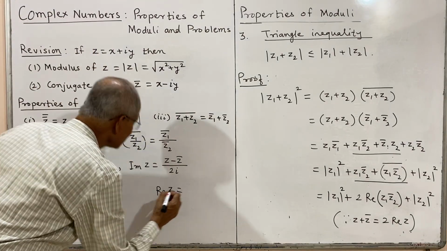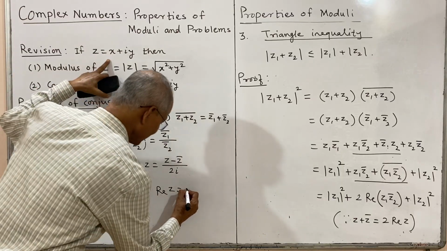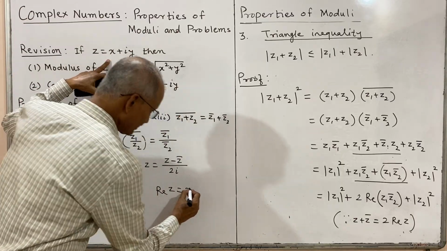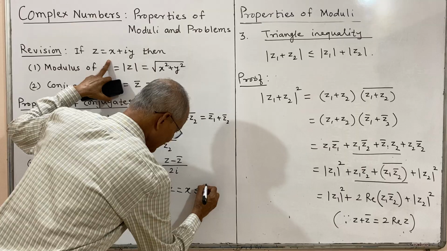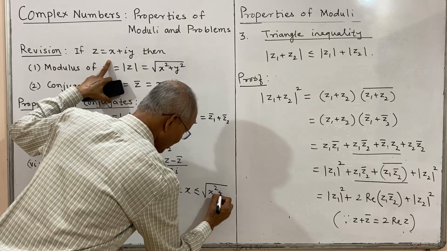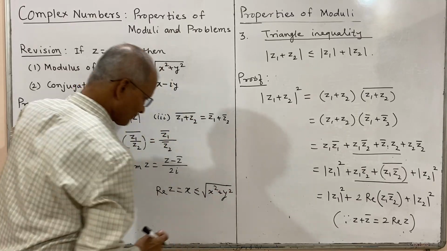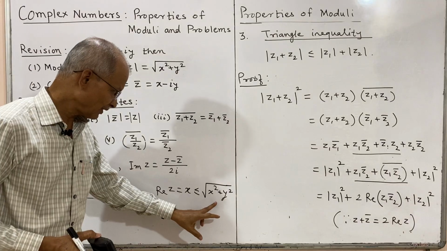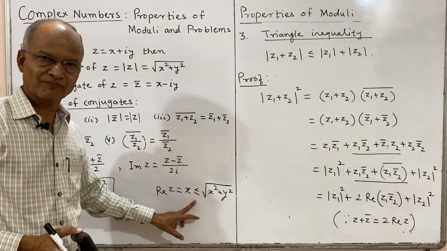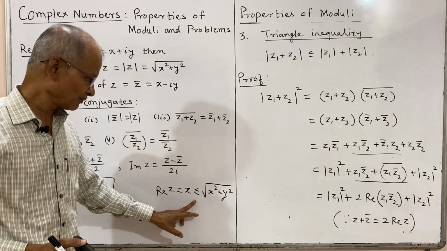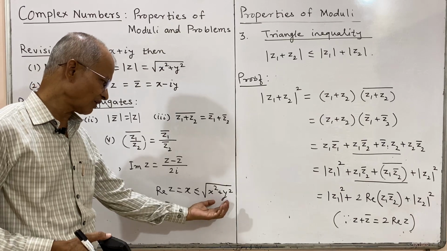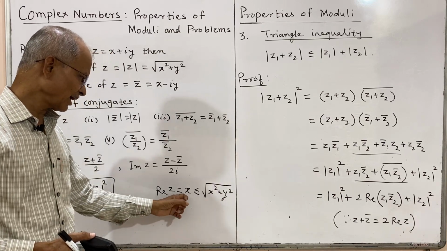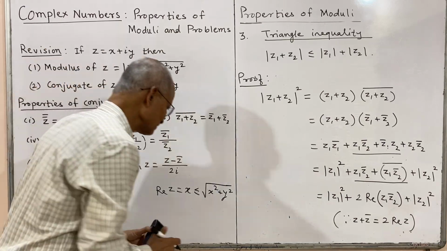If z is x plus iy, real z is x, and x is always less than or equal to the square root of x square plus y square, because when y is 0 then these will be equal taking the positive quantity, and if y is non-zero then this is always greater. So therefore x is always less than or equal to this, but what is this?